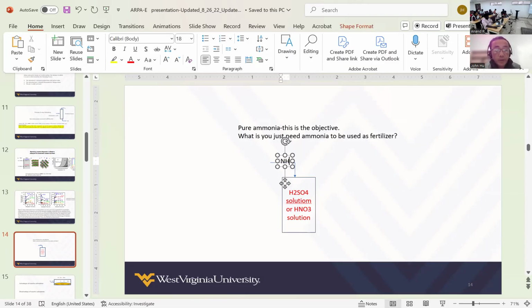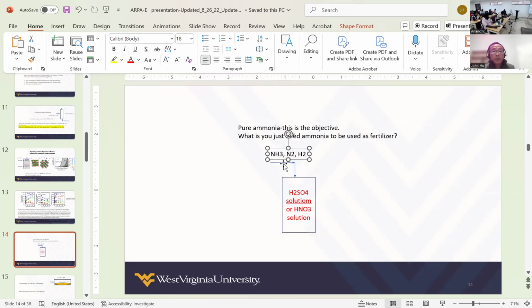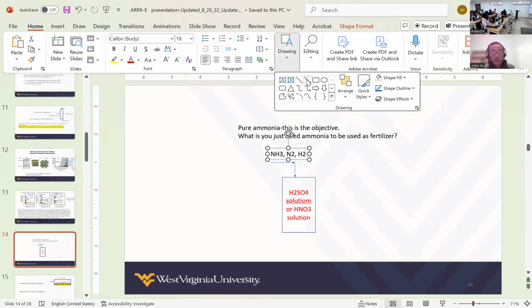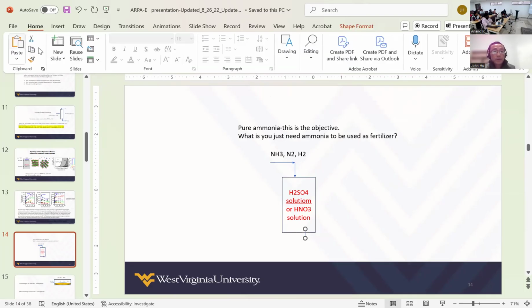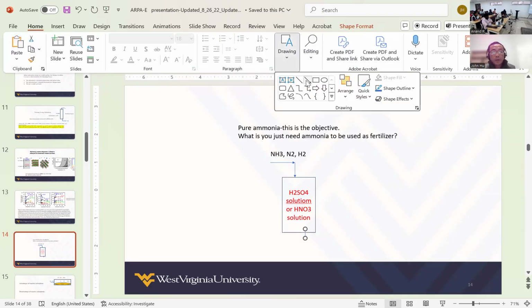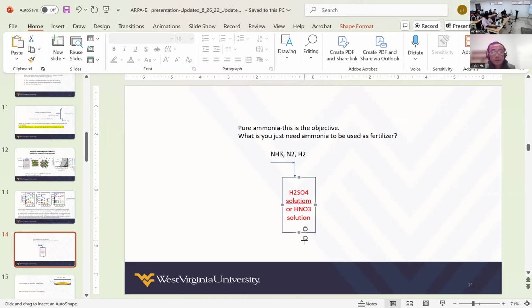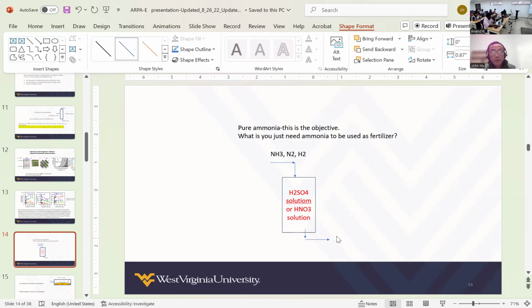In this case, you only want ammonia to be utilized as fertilizer, not anything else. So basically, ammonia, nitrogen, and hydrogen come in, and what happens to the ammonia when it sees the sulfuric acid? Anybody can tell me? Nitric acid, sir. What happens when ammonia sees the nitric acid? Ammonium nitrate.